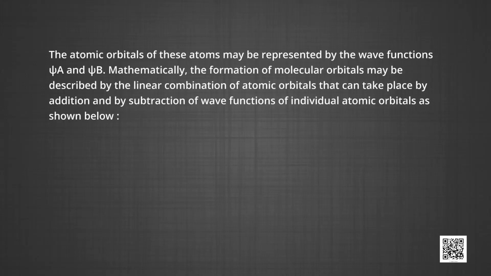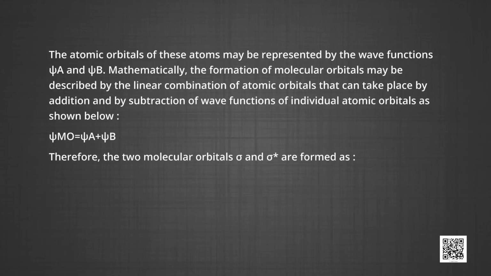The atomic orbitals of these atoms may be represented by the wave functions psi A and psi B. Mathematically, the formation of molecular orbitals may be described by the linear combination of atomic orbitals that can take place by addition and by subtraction of wave functions of individual atomic orbitals, as shown below. Psi molecular orbital equals psi A plus psi B, where psi A and psi B are atomic orbitals of atom A and B respectively.